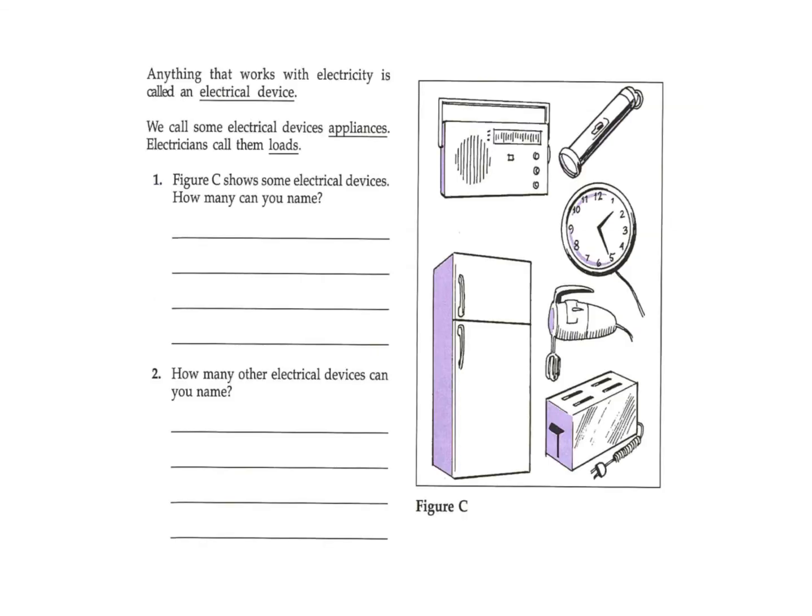So look at this picture, and remember what we said. These are called loads. Another name for loads is appliances. Appliances or loads mean anything that uses electricity. What do I see here? I see a radio. It uses electricity.